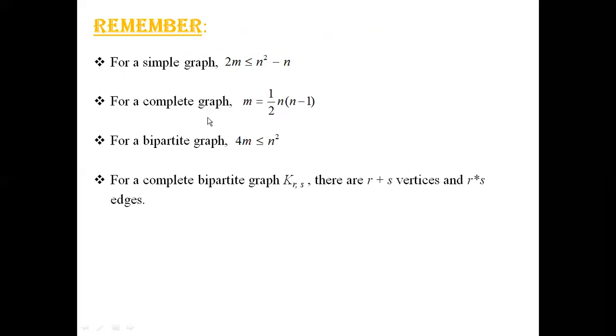For a complete graph, the number of edges is equal to half of n into n minus 1. For a bipartite graph, the relation between m and n is 4m is less than or equal to n square. And for a complete bipartite graph K r,s, there are totally r plus s vertices and r into s number of edges. So these points will help us to do more number of problems on the basics.